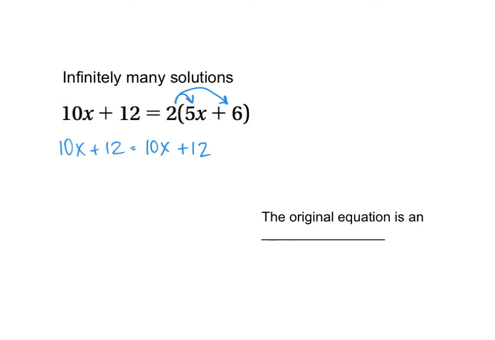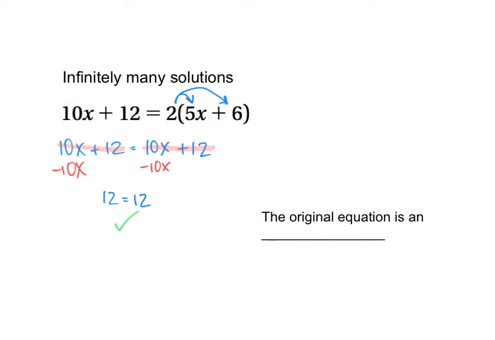Notice this and this are equal. They're the exact same. So whenever we have the exact same, if we were to continue solving this, we would end up with, you would subtract 10x from both sides, and they would cancel. So what you'd be left with is 12 equals 12, which is a true statement.